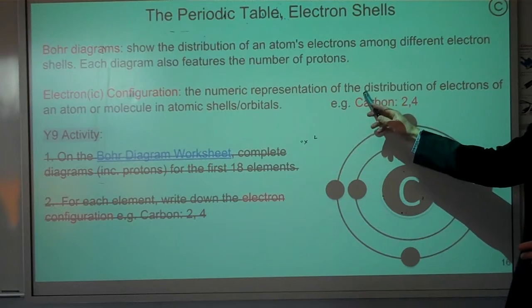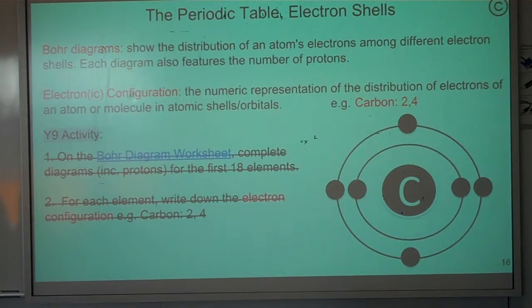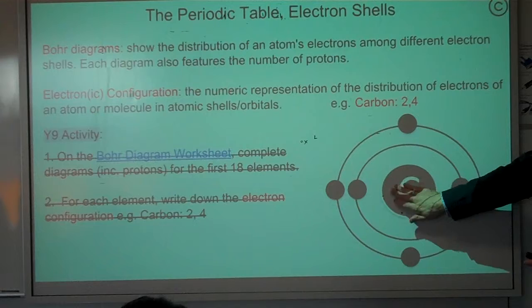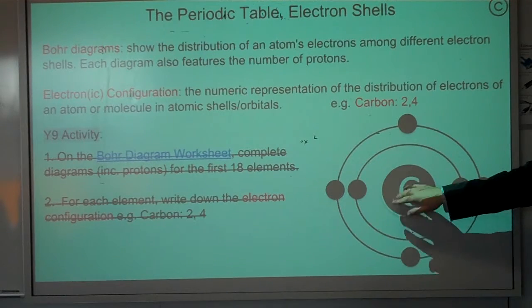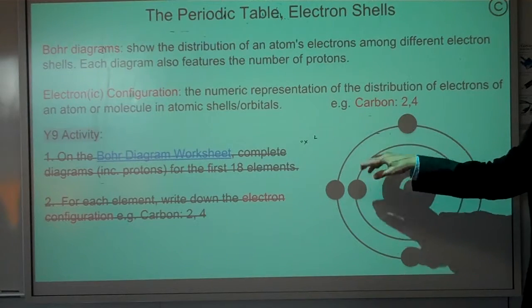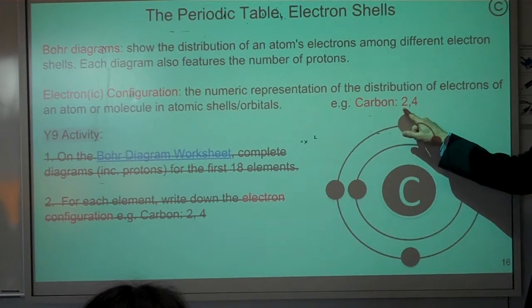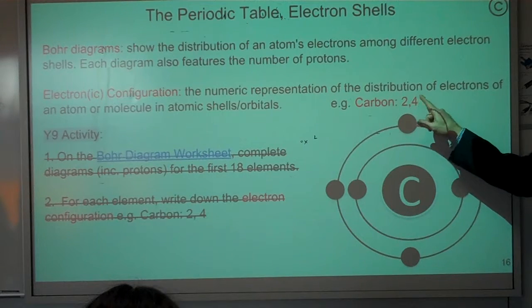Electron configuration, you need to review that quickly. It's just a numeric representation of where electrons are. Like you have in the carbon atom here, we have 2 electrons in the K shell and 4 in the L shell. And the electron configuration, carbon, 2 electrons in the K shell, comma, 4 electrons in the L shell.